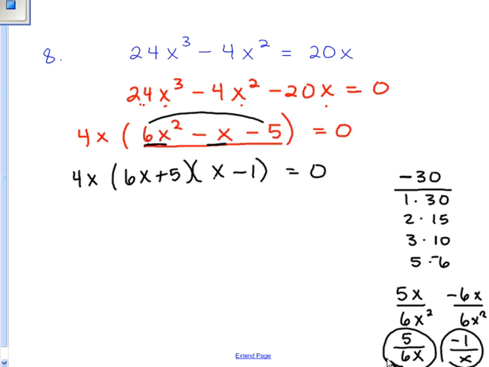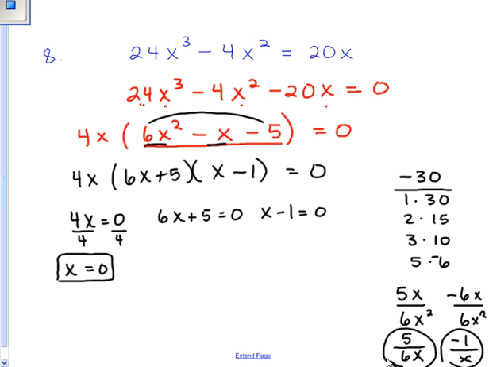We could check this if we wanted to by using the full method, but now we have it factored. So I set each factor equal to 0. 4x equals 0, 6x plus 5 equals 0, and x minus 1 equals 0. Solve each one. So divide by 4 here would give me x equals 0 as one solution.